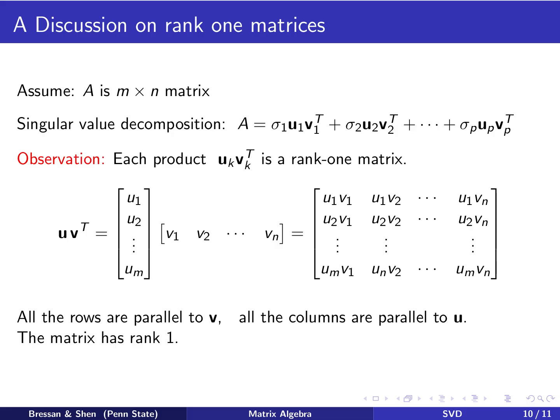So if we look at all the row vectors, we see that all of them are scalar multiples of V. This is the V vector multiplied by U1, and this is the V vector multiplied by U2, and so on and so forth. And therefore, the matrix has rank 1.